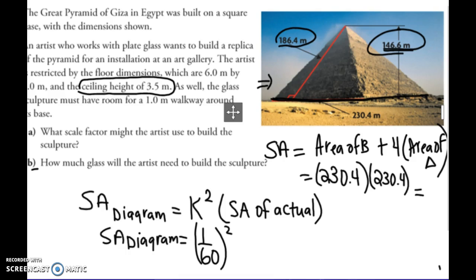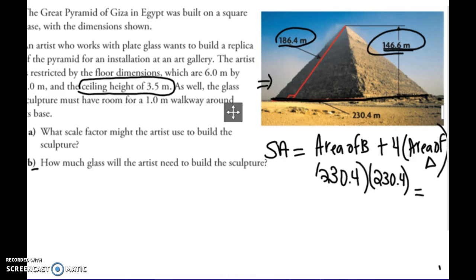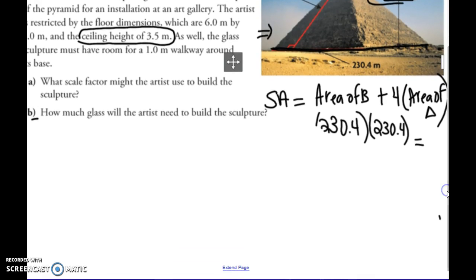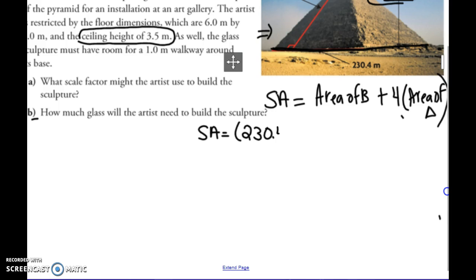Okay, so I'm going to erase a little bit of this here. Okay, so just to make this a little bit easier to read, the surface area is equal to 230.4 times 230.4. So all we did was that is the base area. So we found this piece. And now we need to find the areas of the triangle.